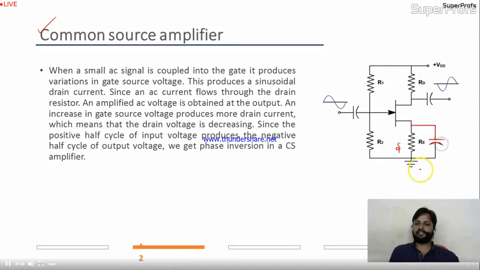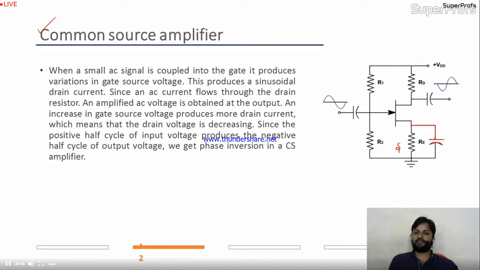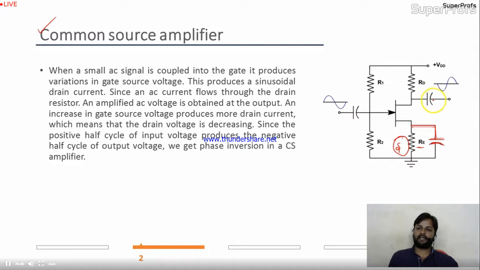We have seen in the BJT also, there suppose the emitter was connected with a capacitor in parallel, it means it was common emitter. Here I connected this capacitor in parallel with RE source, so source is common here. Output we are taking at the drain terminal, input I am giving to the gate terminal.